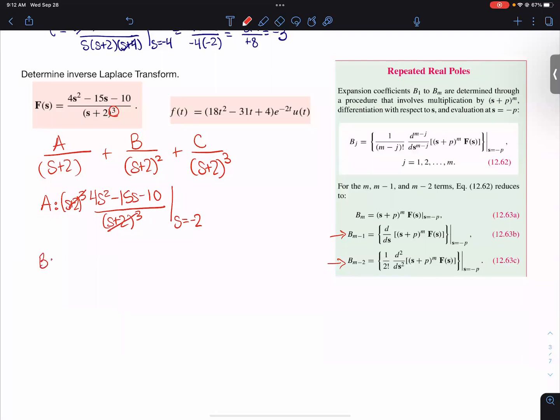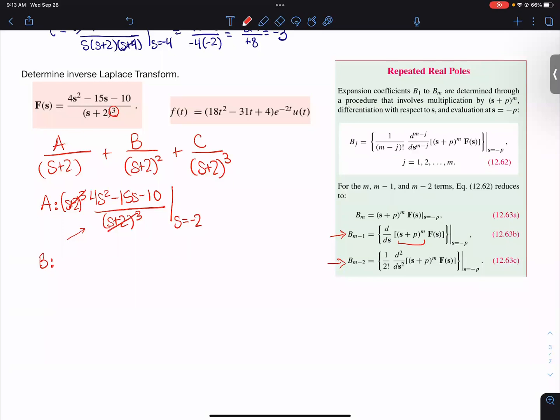For the second one, you're going to take the derivative of this. So the derivative of that is going to be, you multiply it first, and then take the derivative.